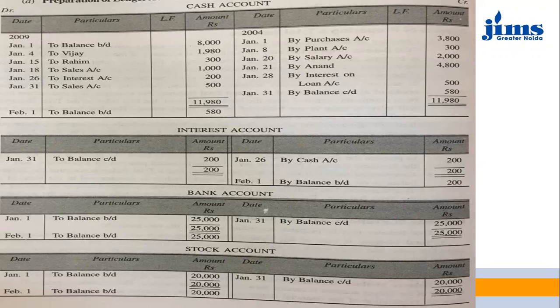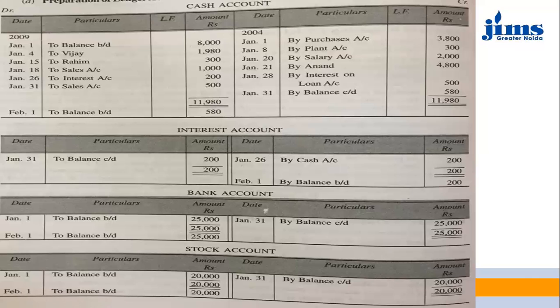Once you are done with all your postings in a particular account, comes the balancing of the ledger account. For balancing, you make the total of all the debit amounts and all the credit amounts. When you total them, you will see that the debit and credit totals are different. If the debit and credit totals are the same, it means the account is closed and there is no balance left in that account.